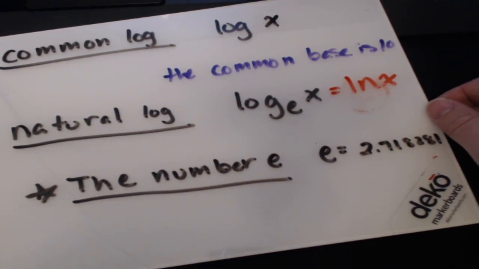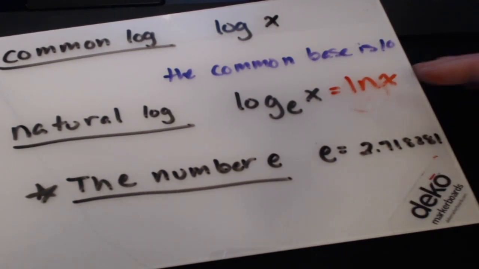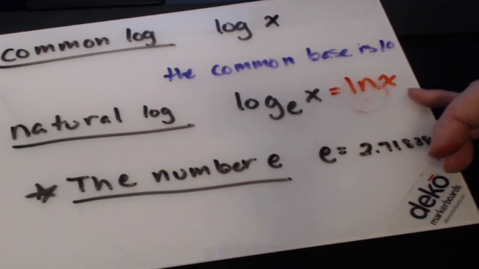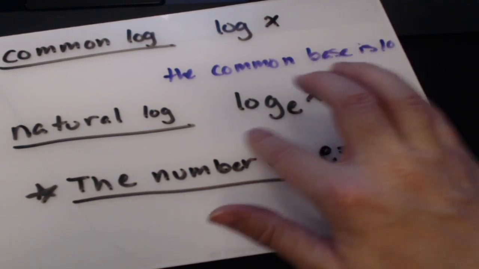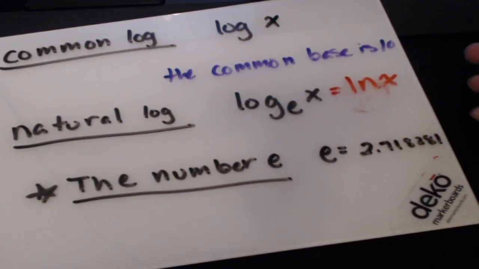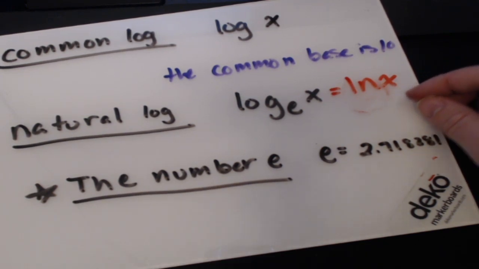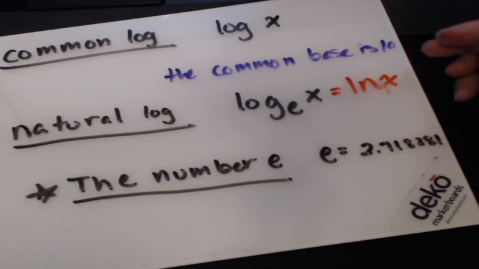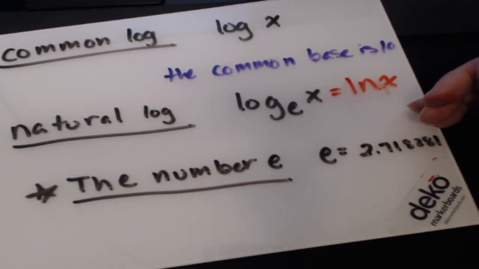So a lot of little things can go on here with e, but that's where log base e comes from. It actually gives you natural log of x, because a lot of the times this gets brushed over. A lot of instructors or even tutors will say, oh, it's just natural log of x. But there is a reason where this comes from, and it's because our common base was 10, and we have another value of e that allowed us to manipulate some other equations.